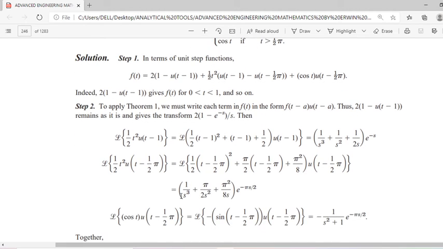Similarly, you can apply this equation. Again, you can modify this 1 by 2 into t square like this: t minus pi by 2 square plus pi by 2 into t minus pi by 2 plus pi square by 8. That is an arrangement only. If you cancel each other and solve this, you can see that it is nothing but t square by 2.